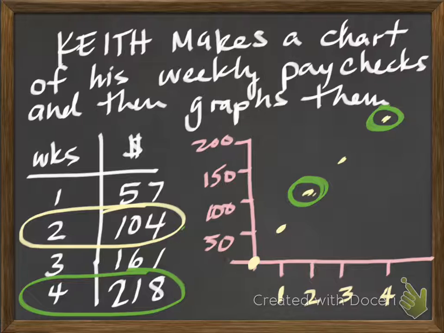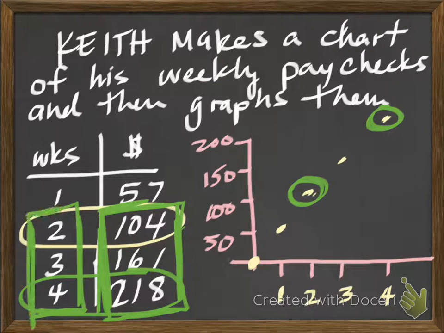So you remember from the last video, rate of change and slope is the same thing, is what we're saying here. So on that last one, we were doing rate of change. We subtracted one of your columns, found the difference between those, and then we subtracted here too. So we're going to do 218 minus 104 and 4 minus 2.